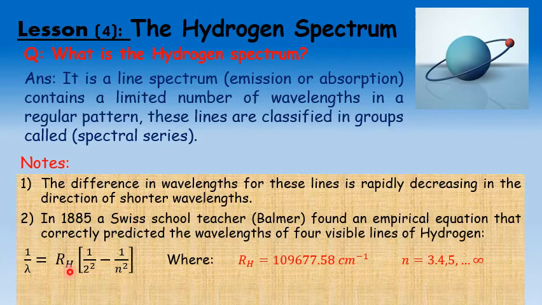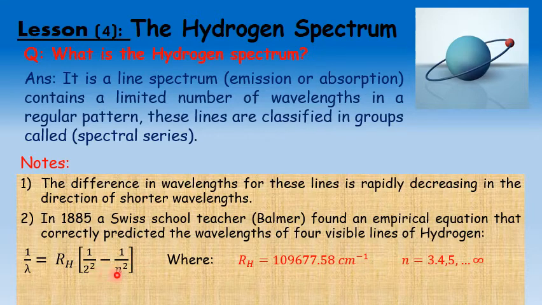What we mean by RH here, RH is the Rydberg constant, and Rydberg was also one of the scientists who was working with Balmer, and after they finished this equation, they gave the constant RH his name. So RH is a constant having this value appearing in front of you here, 109,677.58, and the unit is centimeter minus 1.